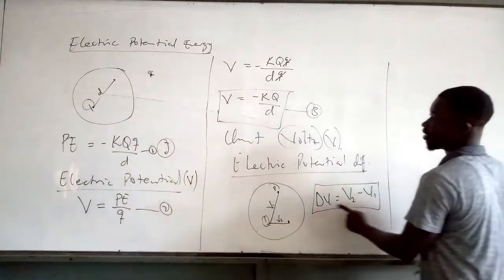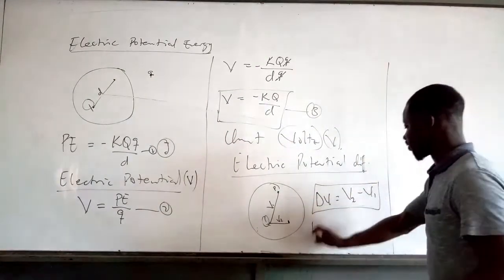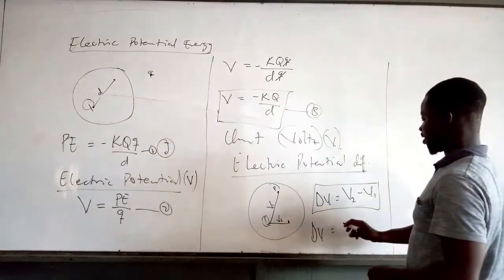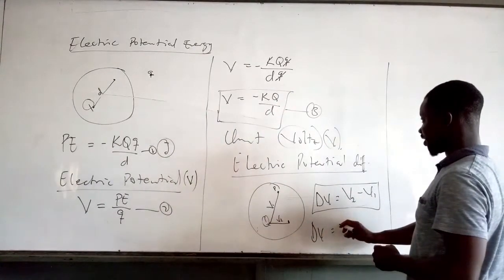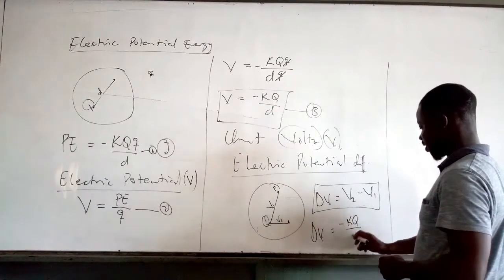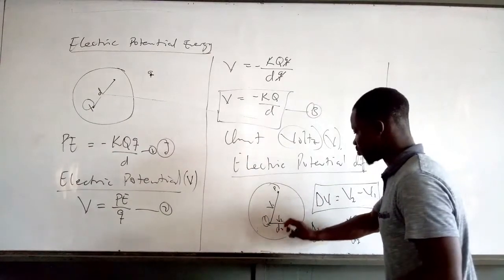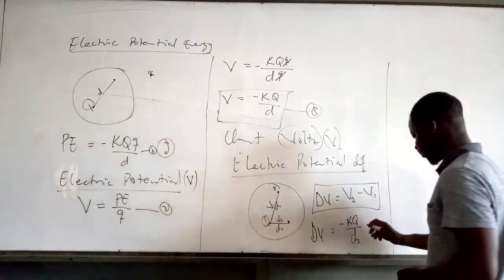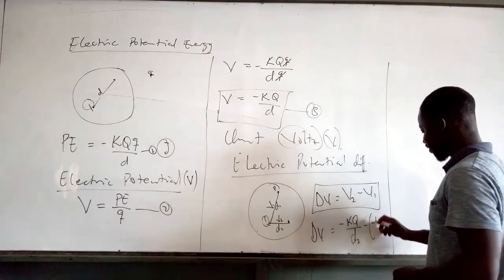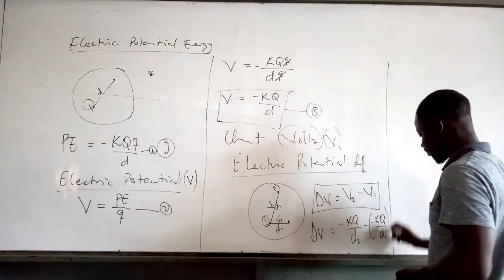But we know that the value for V is like this. So therefore, delta V is equal to, when I put this in, negative KQ over D2. Let the distance here be D2. Let the distance here be D1. Minus into bracket minus KQ over D1.